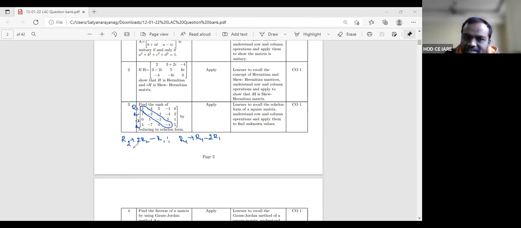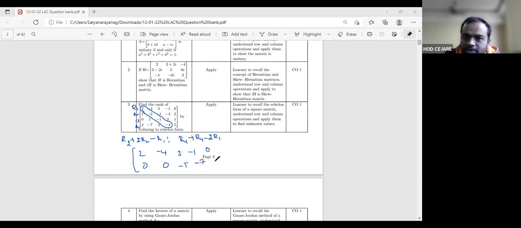So you get the values: first row no changes, 2 minus 4, 3 minus 1 0, and 2 minus 2 0, and minus 4 plus 4 0, and minus 2 minus 3 minus 5, and minus 8 minus 7.